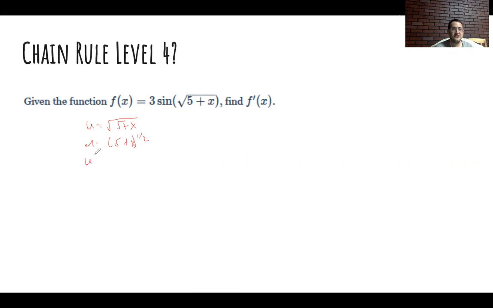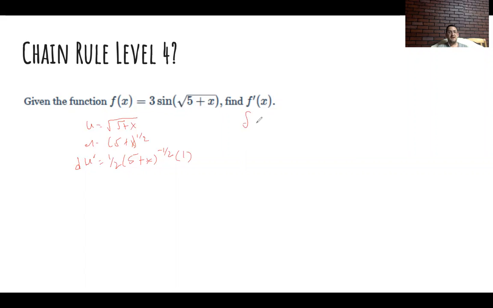So the du would be 1/2 times 5 plus x to the negative 1/2. And then the derivative of the inside stuff is just 1. But believe it or not, we've got all the information we need.